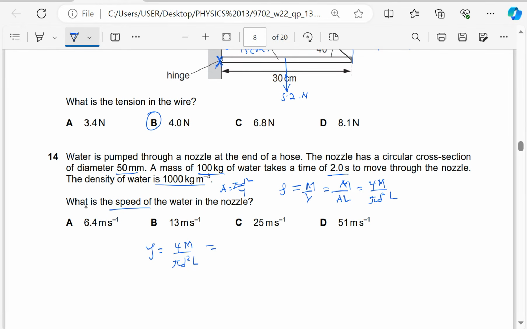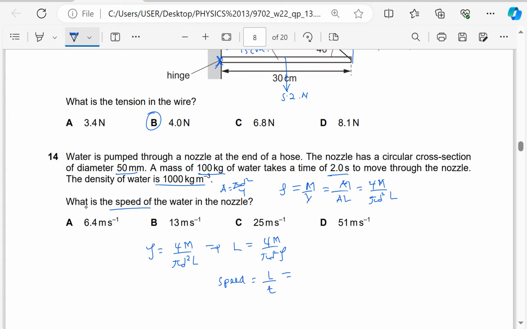So if I make L the subject, that is the length or the distance which the water moves, L is going to be 4m divided by pi d squared times rho. So speed is going to be the distance L divided by the time. The time is 2 seconds.